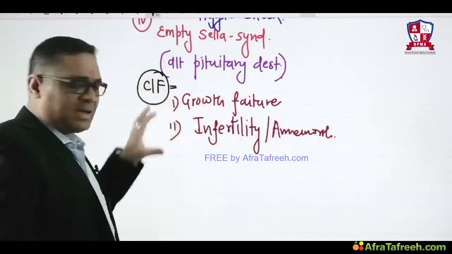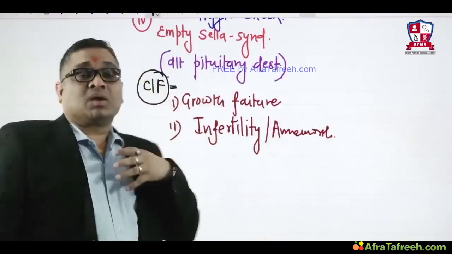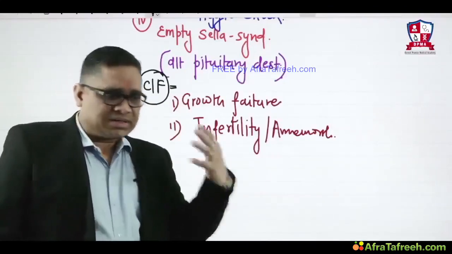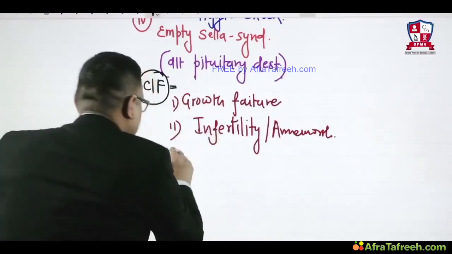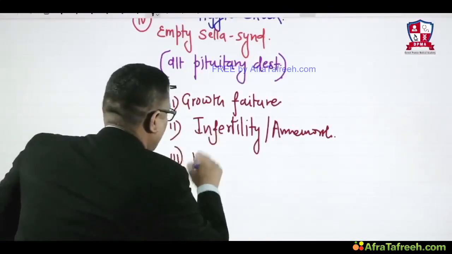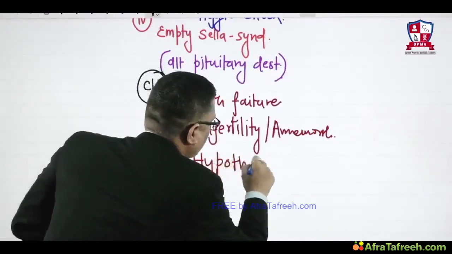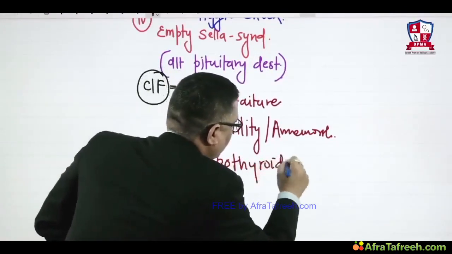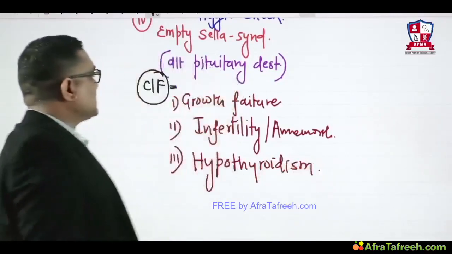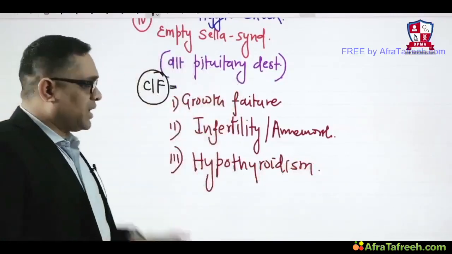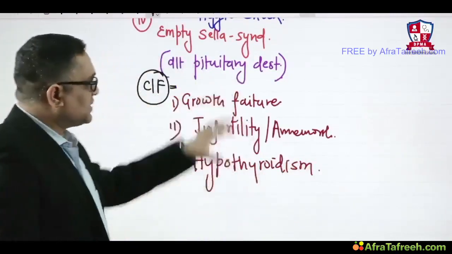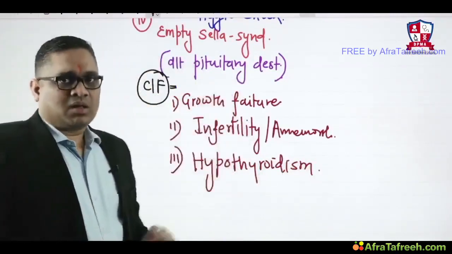So growth failure, infertility, amenorrhea. If thyroid releasing hormones are decreased, then what will happen? Hypothyroidism. So in hypopituitarism, growth failure, infertility, hypothyroidism are the basic clinical findings we will observe, right?